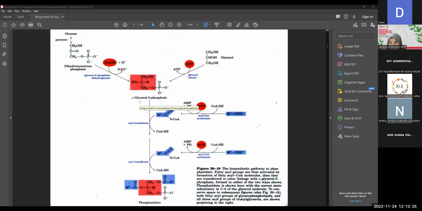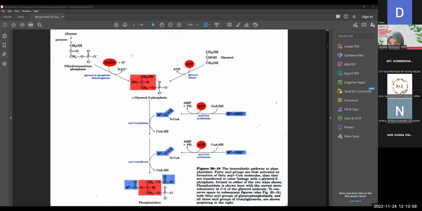So basically, adipose tissue still needs glycerol 3-phosphate, but it needs to be produced from DHAP. But in other tissues, glycerol 3-phosphate can be produced from glycerol, which undergoes phosphorylation catalyzed by glycerol kinase to form glycerol 3-phosphate. Okay, all right.